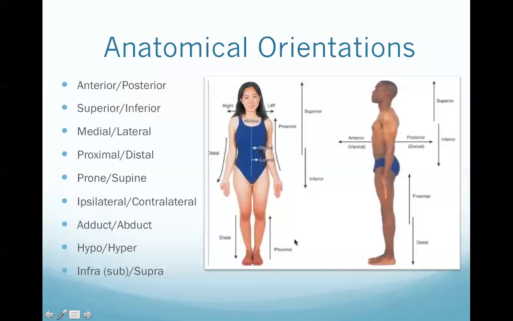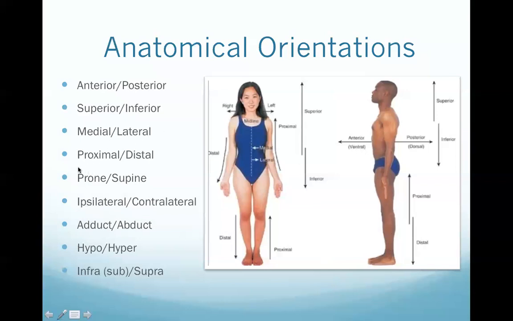Proximal means closer to the body, and distal means further away from the center of the body. Okay, so your calf is distal and your quadricep is more proximal to the center of the body.